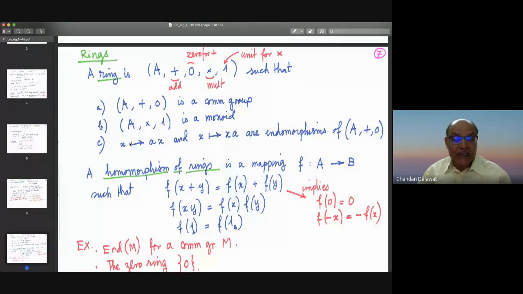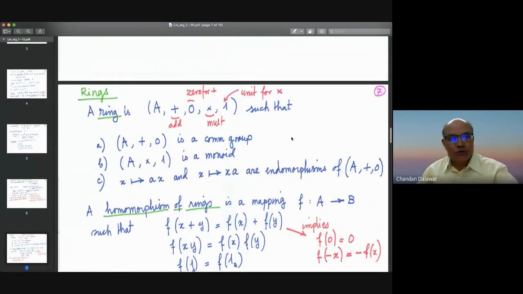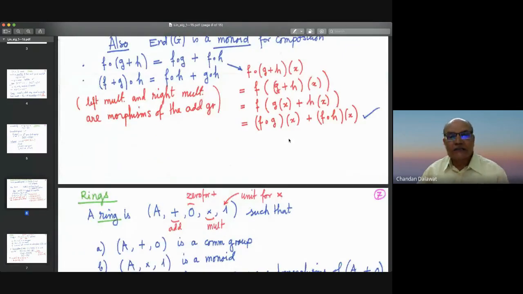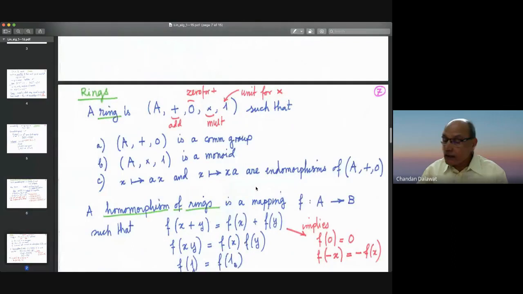So left multiplication by an arbitrary element a and right multiplication by an arbitrary element a are mappings from A to A, right? They should be endomorphisms of the additive group. That's what these two identities about distributivity amount to. That's what a ring is.